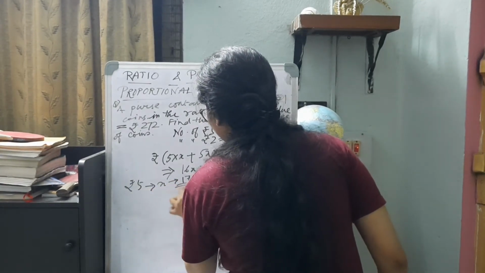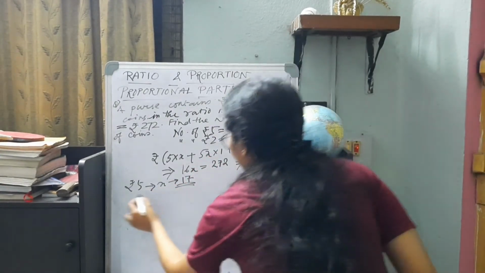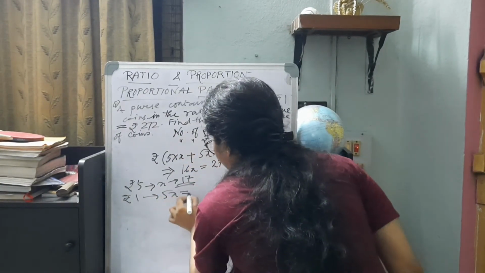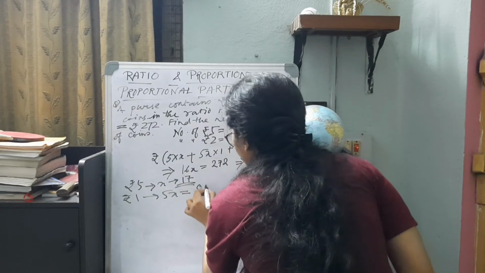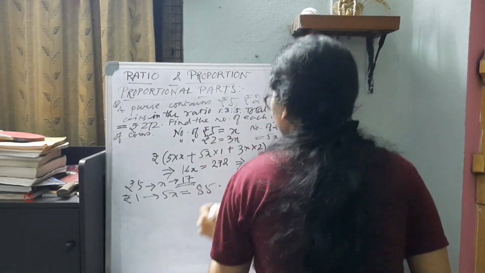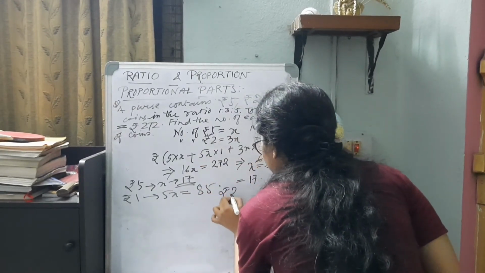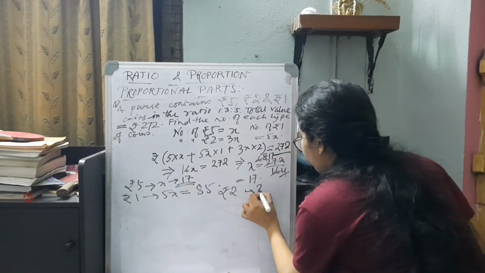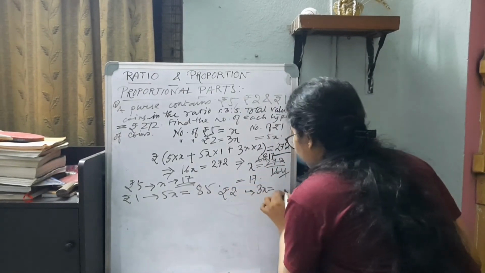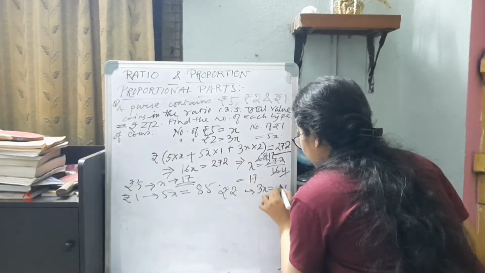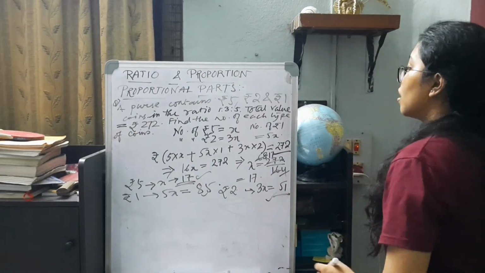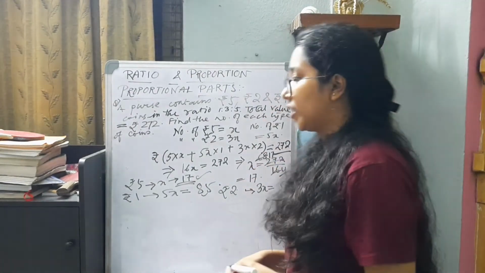Rupee 1 coins is 5x, that is 85, and rupee 2 coins is 3x, that is 51. So this is the number of each type of coin which has been asked in the question.